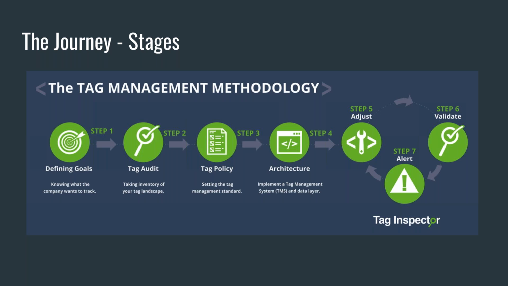And all of those different things can and will have some impact on the tagging and on that architecture. We need to be able to be proactive and monitor for exactly when any sort of issues arise. And then we can go through that loop for actually fixing, testing, and then monitoring again.